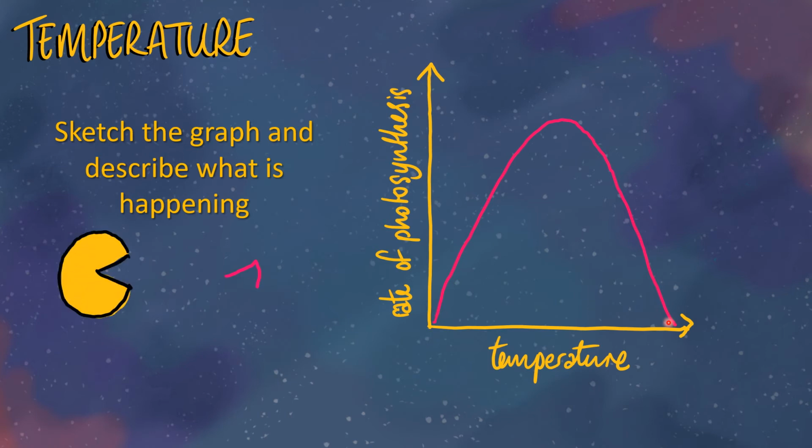So enzymes are what help our photosynthesis reaction take place. So here on the side we have an enzyme and a substrate. Now this substrate can fit perfectly into the enzyme's active site, and then the enzyme breaks that molecule down.